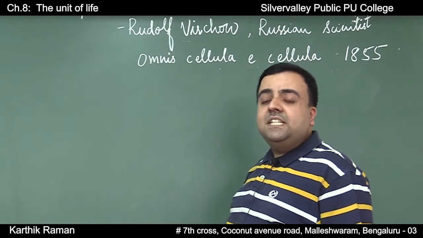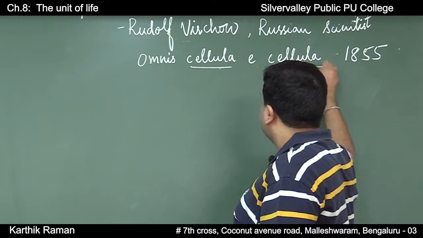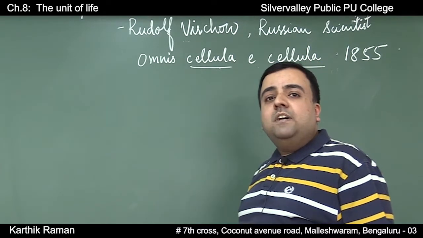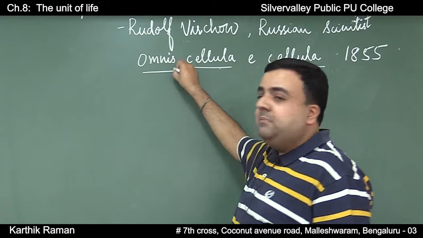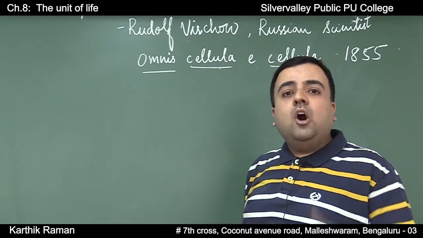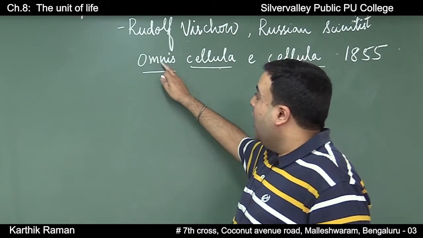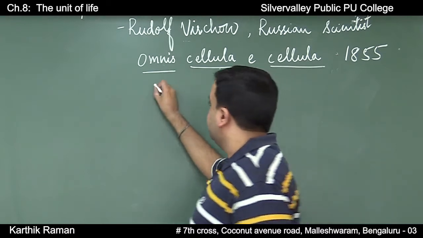From the discoveries and studies of Robert Hooke, we know that cellula means cells. You all would have heard the statement, God is omnipresent, or crow is an omnivorous animal. So omni means everything or everywhere. So here omni could mean every.